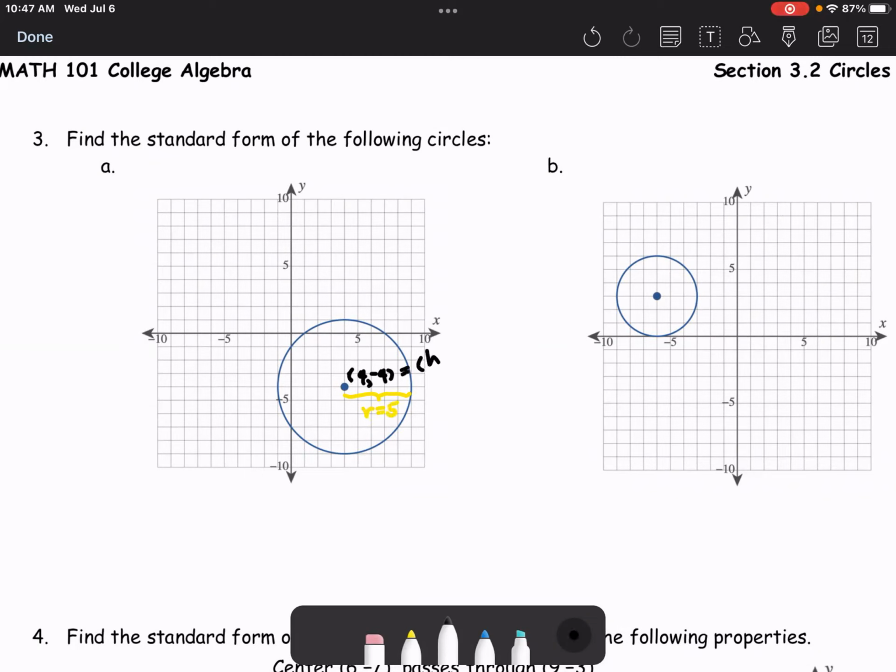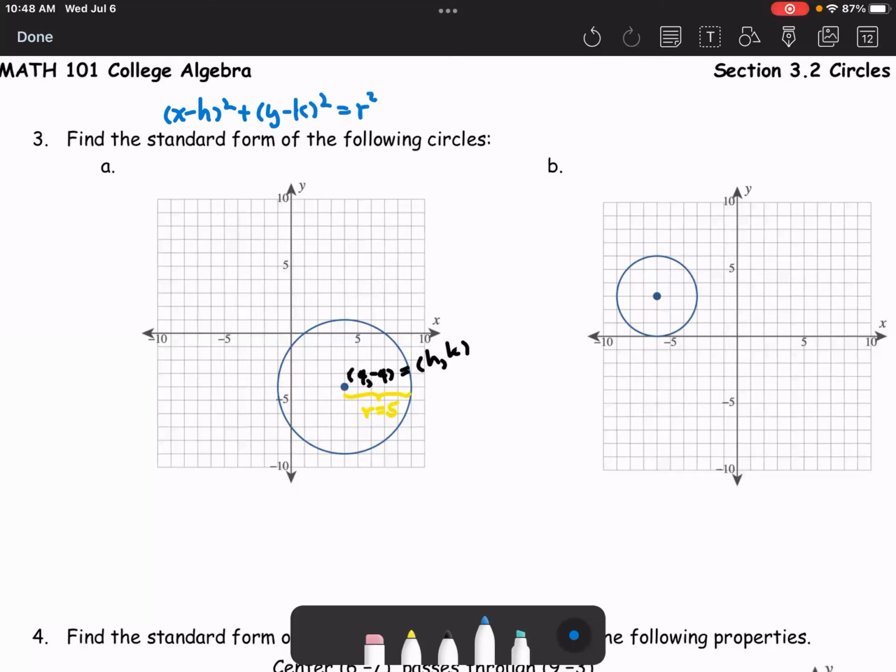So the H, K is the ordered pair 4, negative 4, or H is 4, K is negative 4, and R is 5. The standard form of this is in the form of (x minus h) squared plus (y minus k) squared equals r squared.